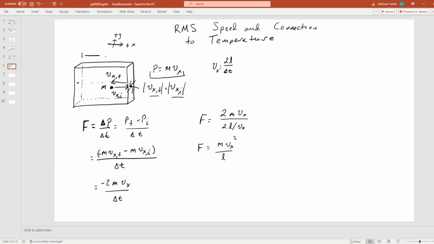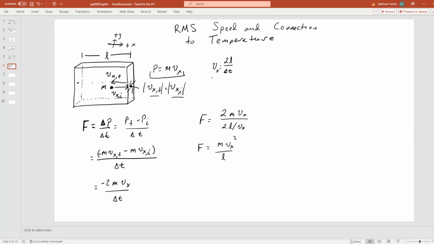if my container has length L, then the speed Vx, now I'm dropping the x, the f and the i subscripts, because this is an elastic collision.